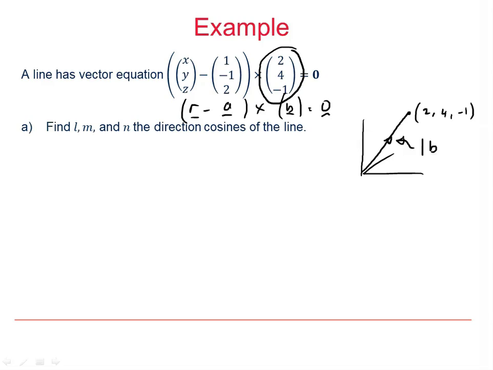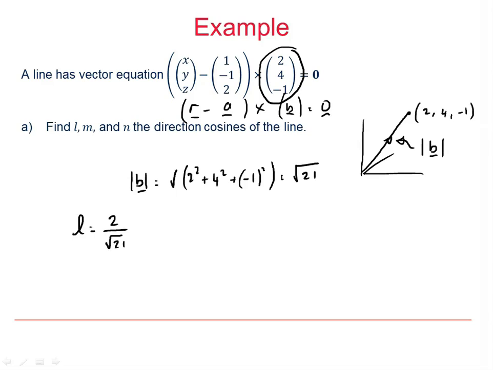So we want to work out mod b, which is the square root of 2 squared plus 4 squared plus -1 squared, and that's equal to the square root of 21. Therefore the direction cosines are given by L equals 2 over root 21, M equals 4 over root 21, and N equals -1 over root 21.